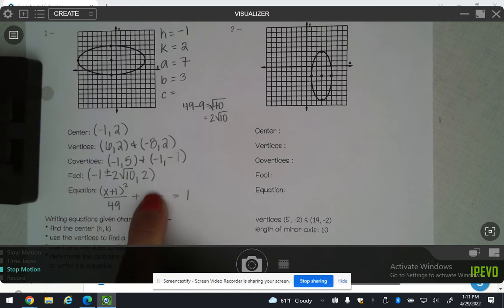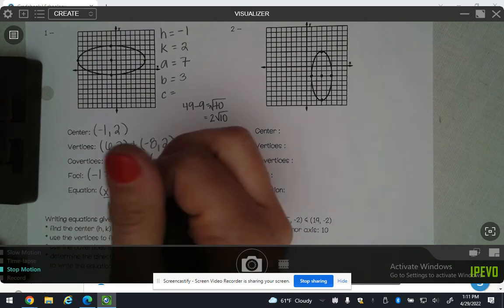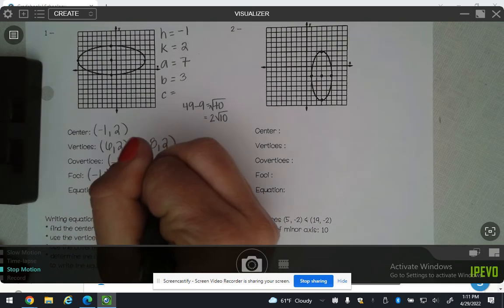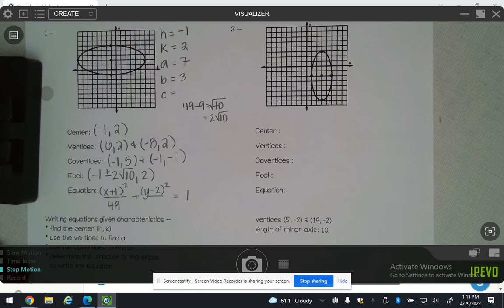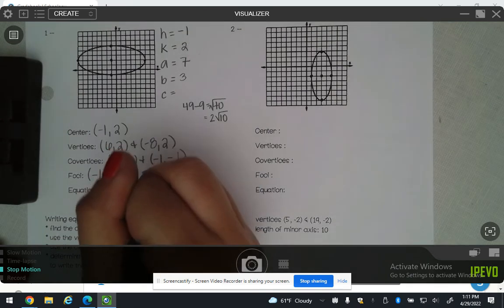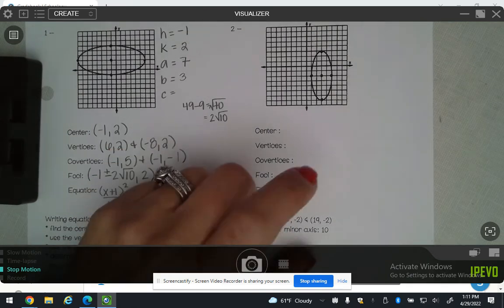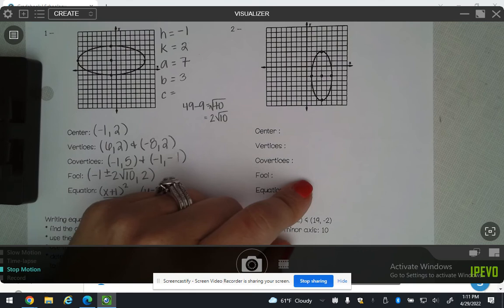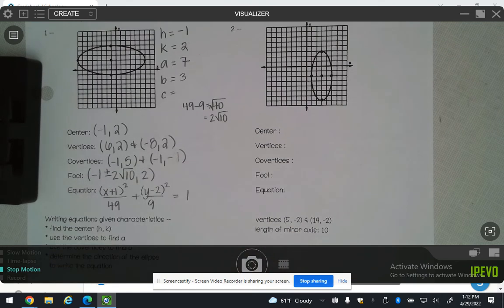Next one. Y minus K. Y minus 2 squared over 9. Do number 2. Which way is this one stretching? Vertically, right? So that means your A squared's now underneath what? The Y value.